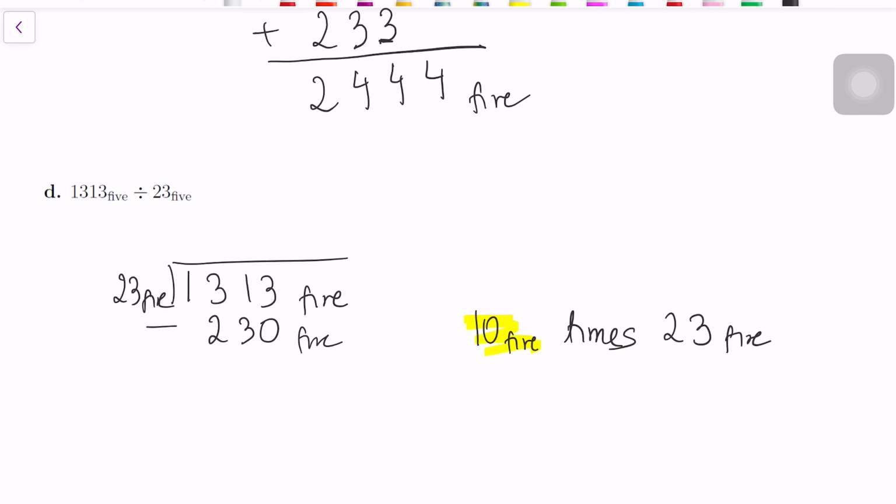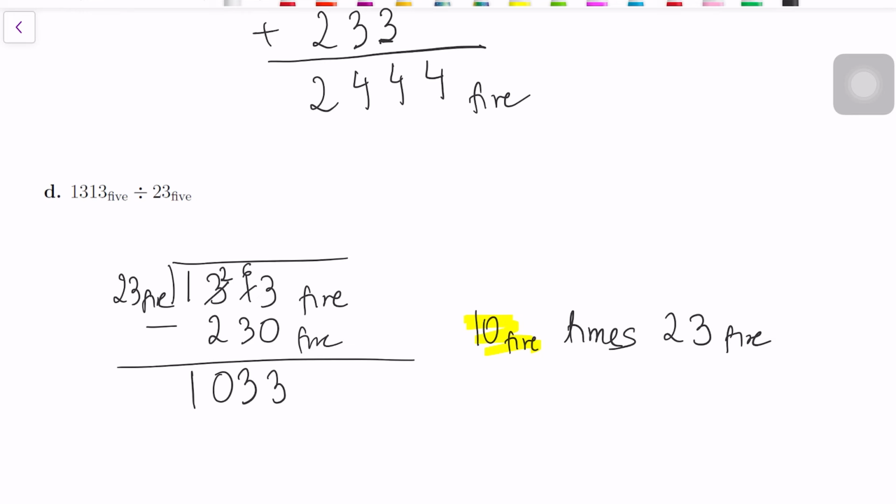So let's subtract. 3 minus 0, units to units, so that's 3. 1, not enough to subtract 3, so I borrow from this. One flat will create 5 longs with the 1 long that I already have. That's going to be 6 longs. So that when I subtract now 3, it's going to be 3 and nothing left. And of course that 1 here carries over, because the number was bigger.